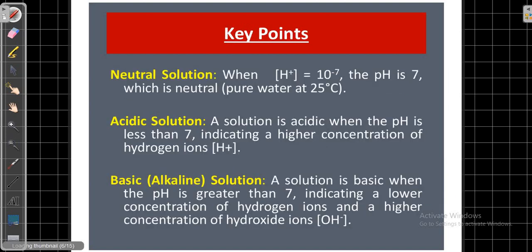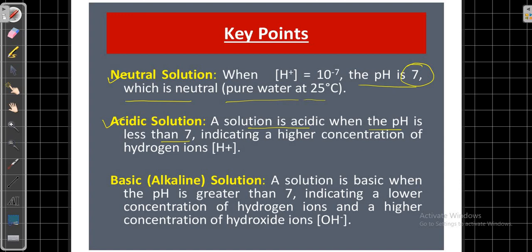And here are some key points that we must remember. When the hydrogen ion concentration is 10 to the power -7, the pH is 7, which is neutral. Means all those solutions which have a pH equal to 7 will be neutral solutions. A solution is acidic when the pH is less than 7.